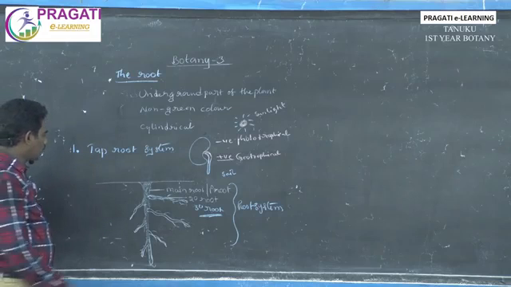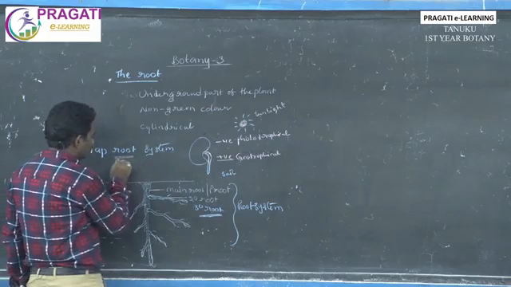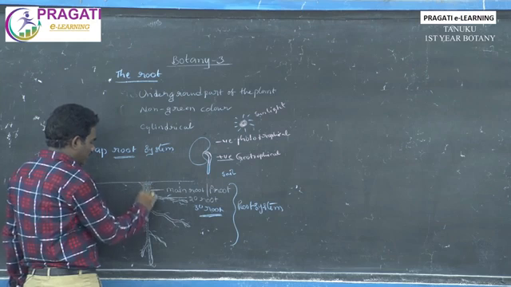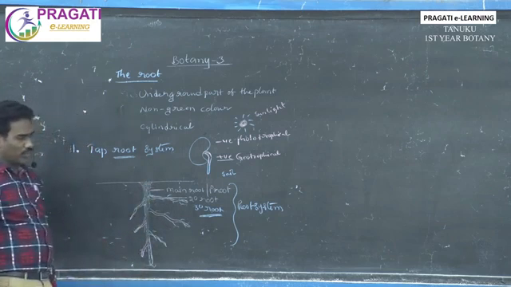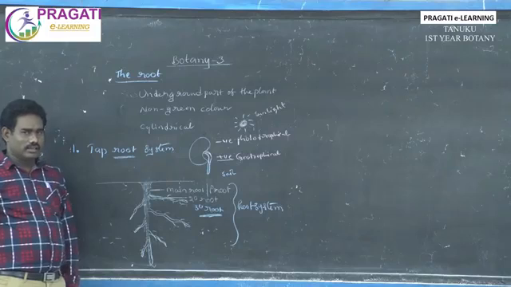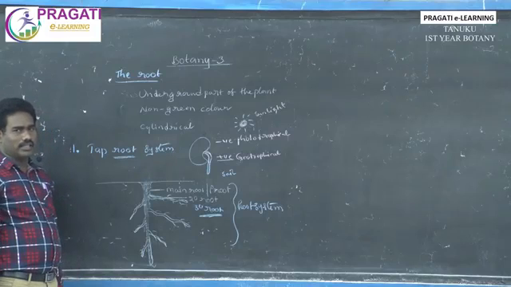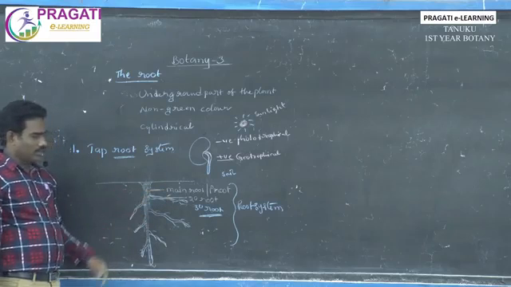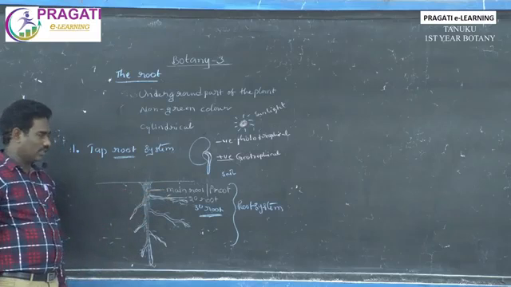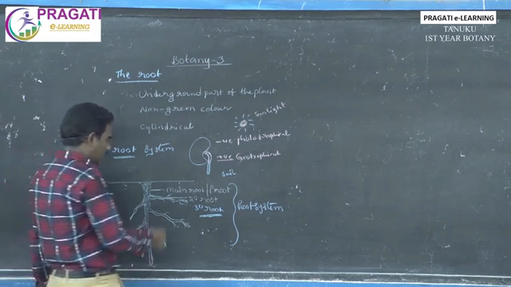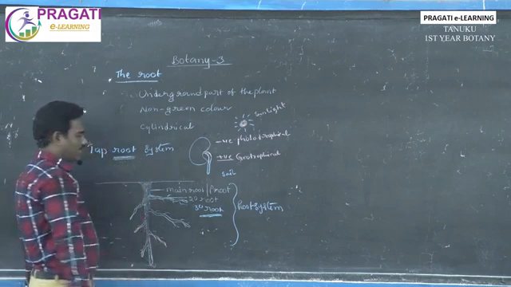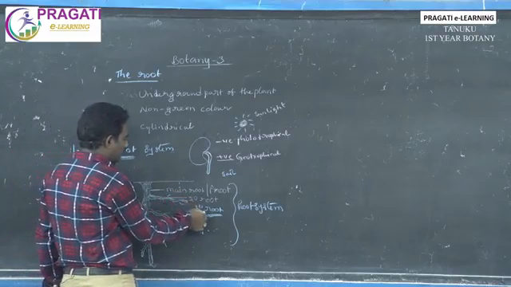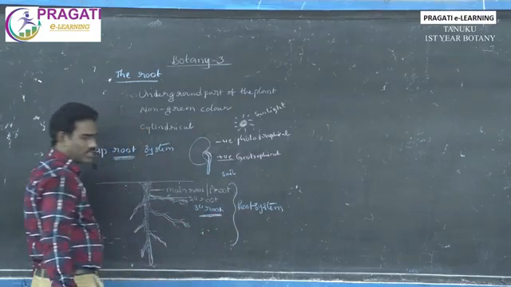First one, tap root system. During germination, the main root, the radicle, elongates and produces several orders of secondary and tertiary roots. This is called the tap root system. The primary, secondary and tertiary roots are all collectively known as the root system.